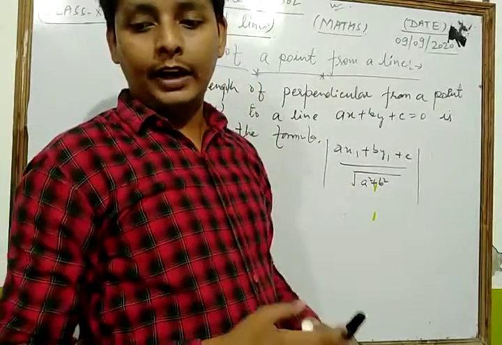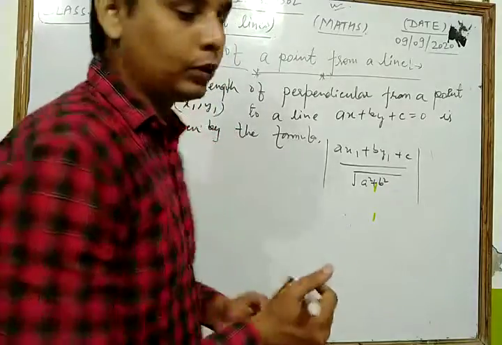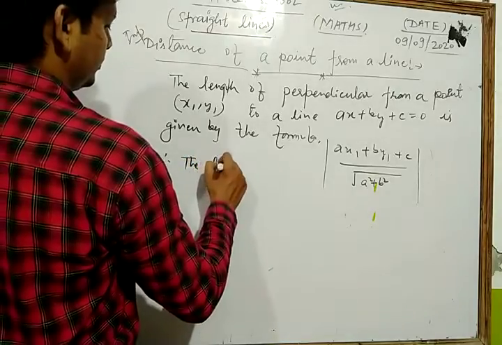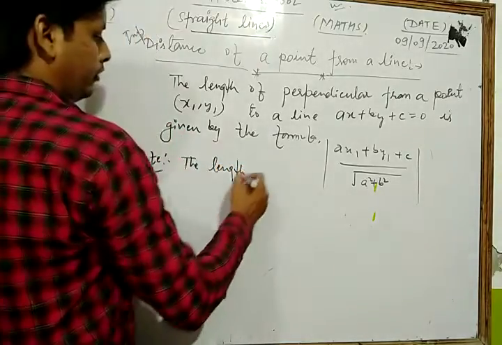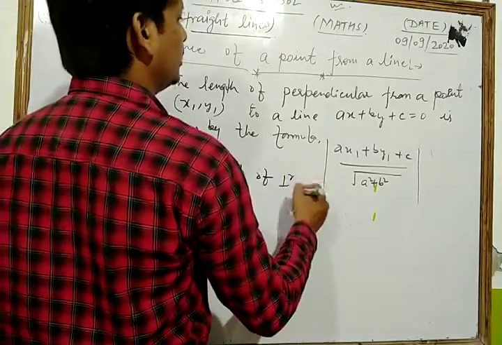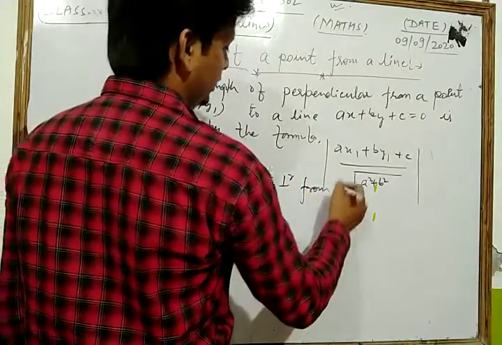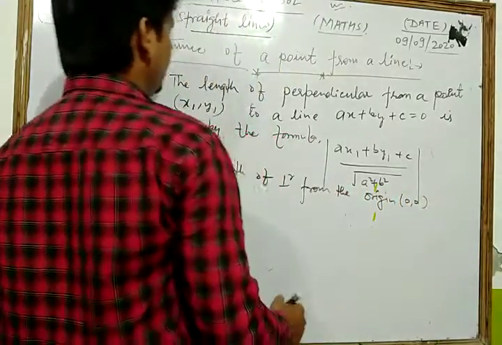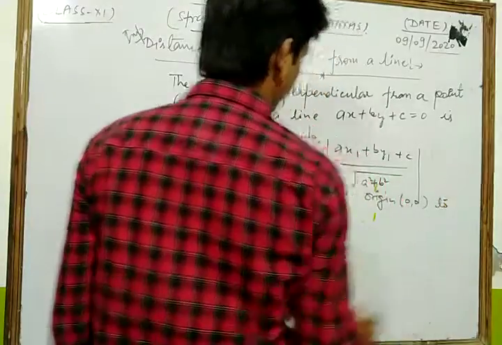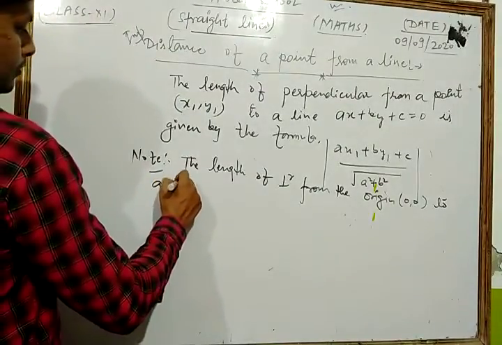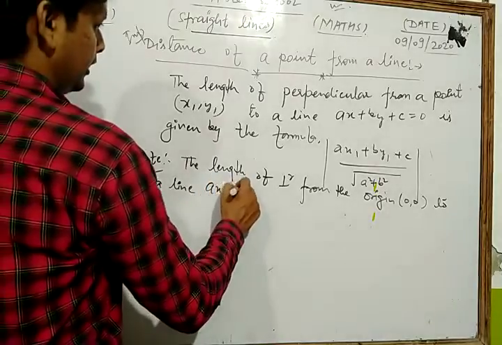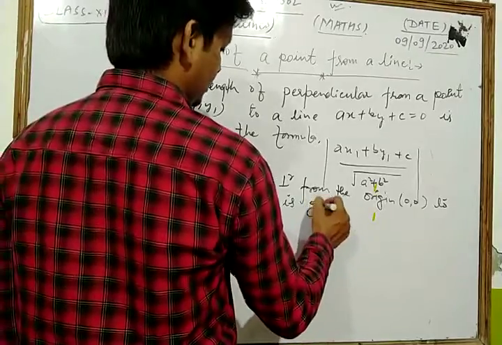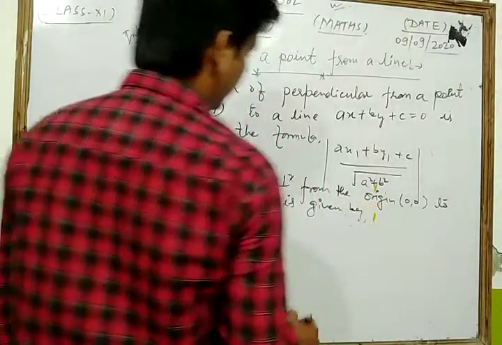One important thing to note, dear friends: the length of the perpendicular from the origin (0, 0) to a line ax plus by plus c is equal to 0 is given by what?